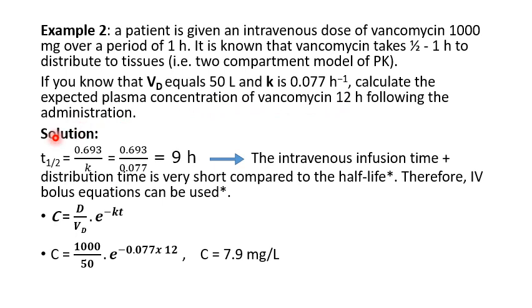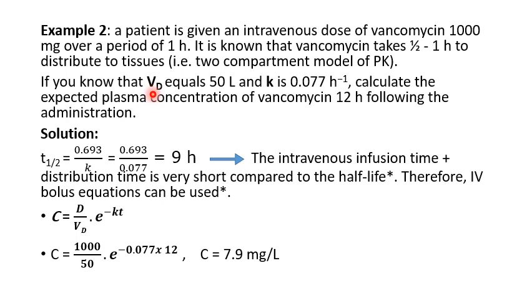Okay, again, we calculate the half-life of the drug, which is 9 hours. You can see here the intravenous infusion time plus the distribution time is very short compared with the half-life of the drug. Therefore, the IV bolus equation can still be used for the calculation of plasma concentration of vancomycin. Here we should just compare the half-life of the drug with the infusion or the distribution time.